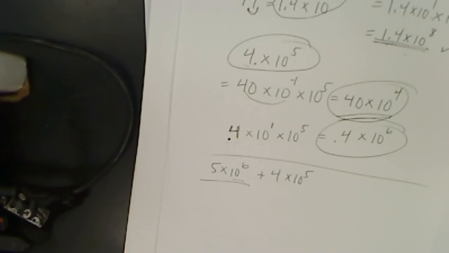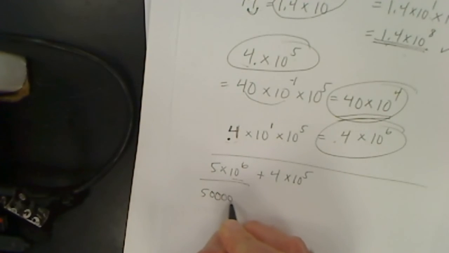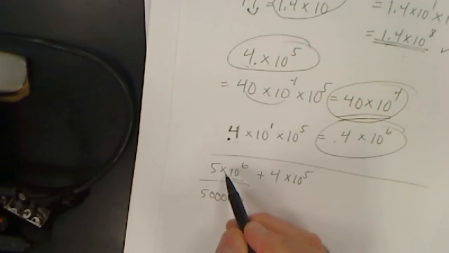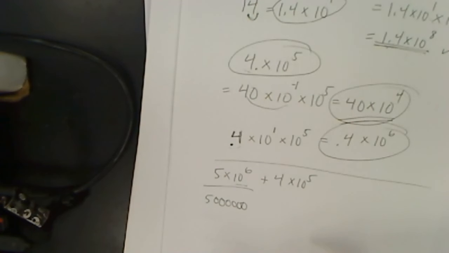It's 5 million, with 6 zeros, right? So when you have this number, you just move the decimal place 6 times. And there's no number, so I just put zeros there. Is that okay?